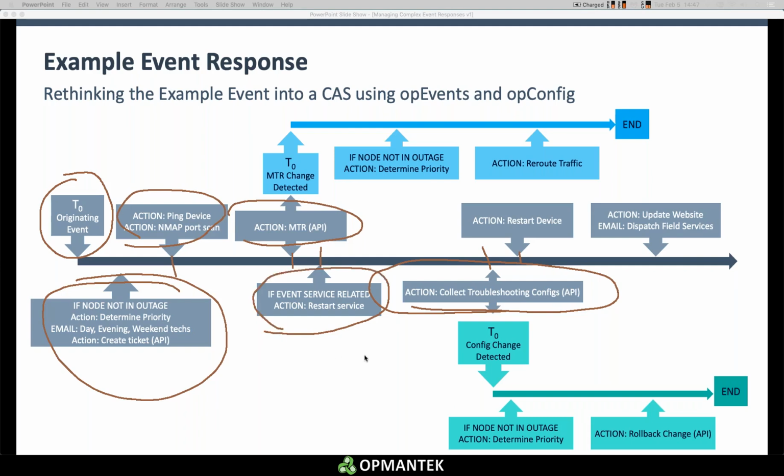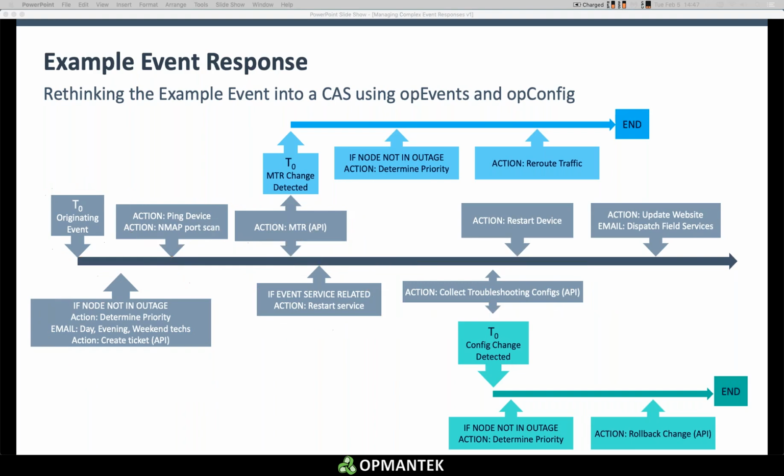Checking if the event's a service-related event might happen right off the bat. It could even happen earlier than the MTR. But you'll see that we've spawned another event, another config change here, again from a test, and that one's used opConfig, and now it's running a whole other series of pieces.